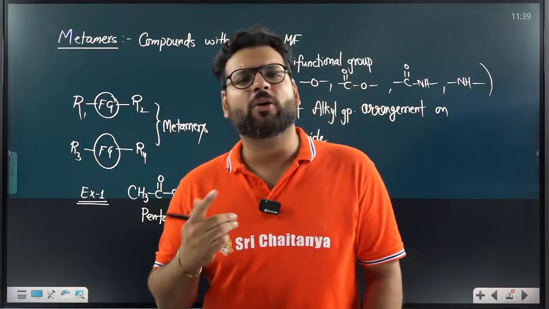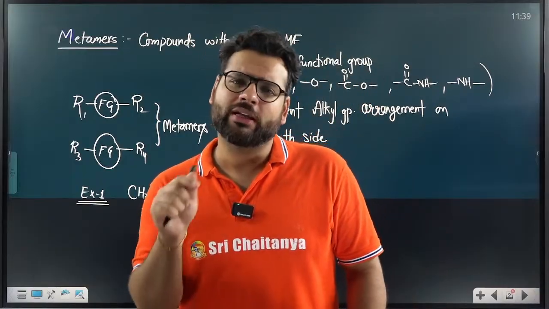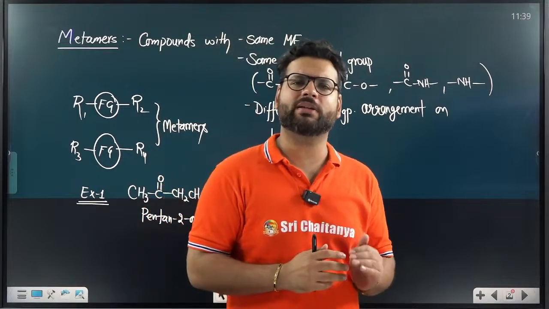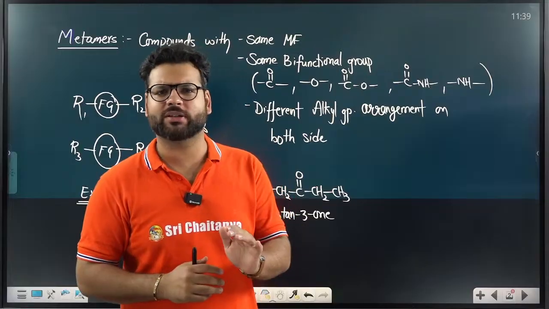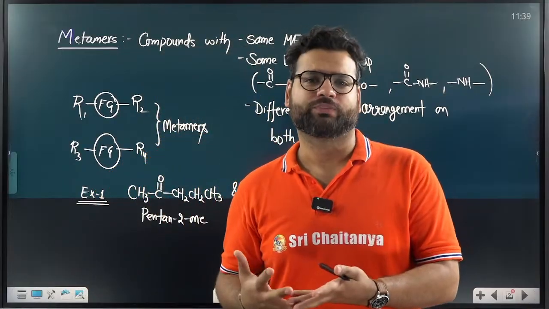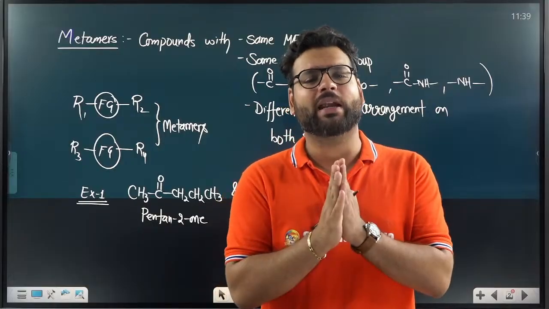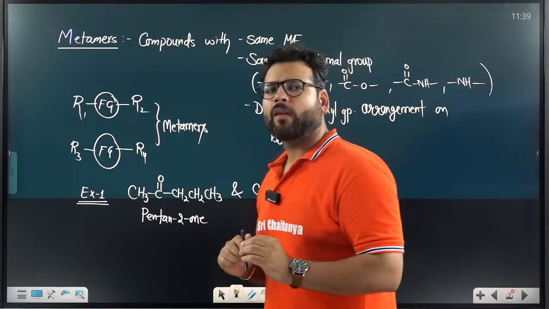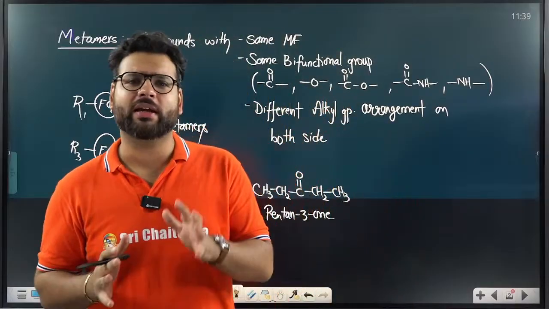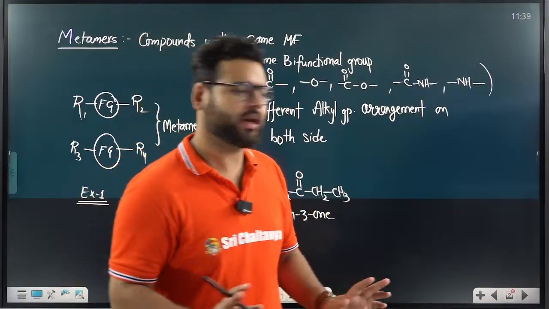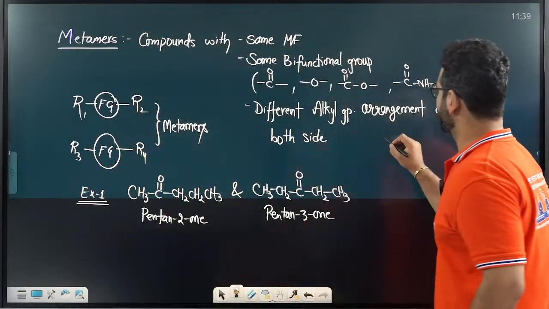But if it is single option correct and you can't choose both, then choose metamerism. Okay, so what is the condition here? I told you metamerism will overlap with position sometimes. Metamerism sometimes will overlap with chain also. But whenever they are overlapping, the more preferred answer will be metamerism. And if both the options are there and you can choose both, then both are correct. Okay, so we'll mention this point.